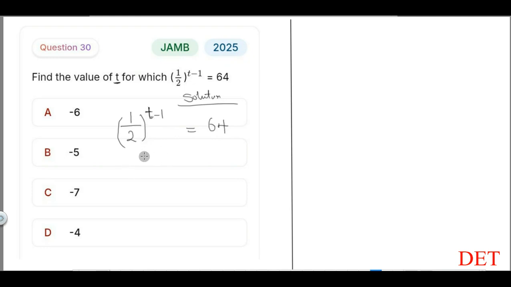All right. So you should know from the negative index law of indices that x raised to the power of -1 is equal to 1 over x. This is an application of the negative index law of indices. So 2 raised to the power of -1 is equal to 1/2.